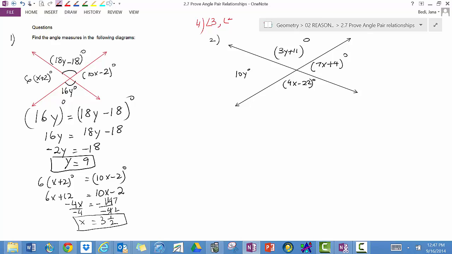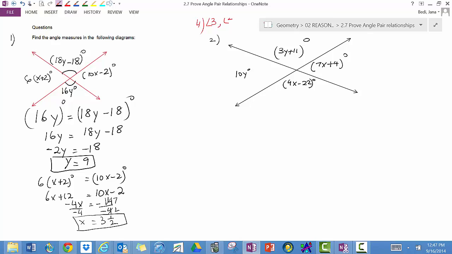Now let's look at the example on the right, number 2. In number 2, I'm going to see where the angle pairs are which contain the same variable. The advantage of that is when they have the same variable, then you could just come up with one equation.